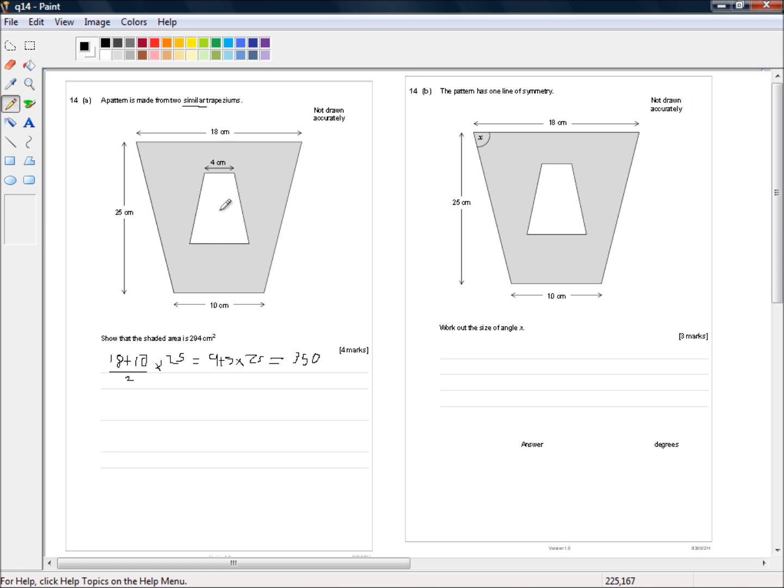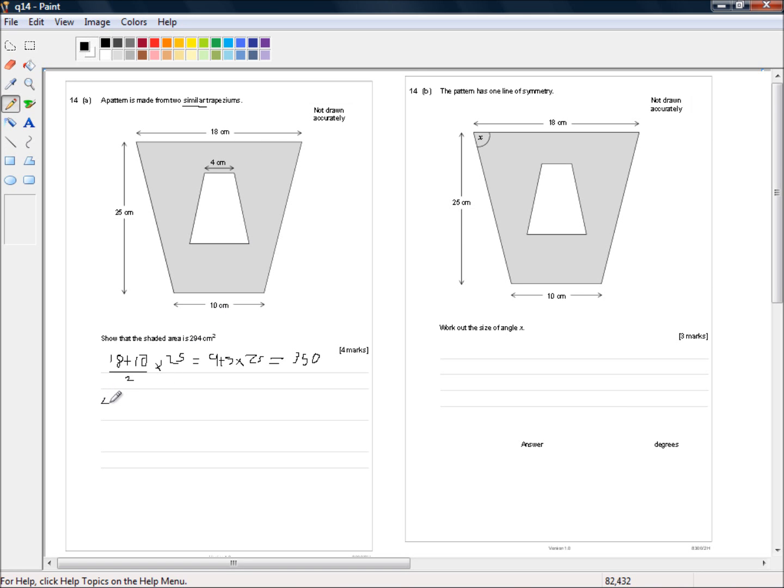So if this is the exact same shape, that means the ratio of this length to this length is the same as the ratio of this length to this length. So since the 10 centimeters has been shrunk down to 4 centimeters, then this length here is 4 over 10 times 18.